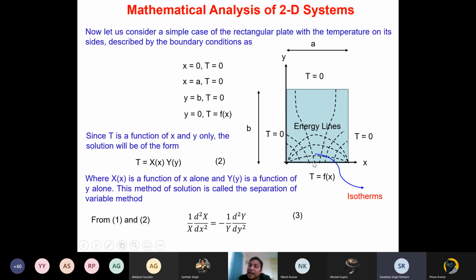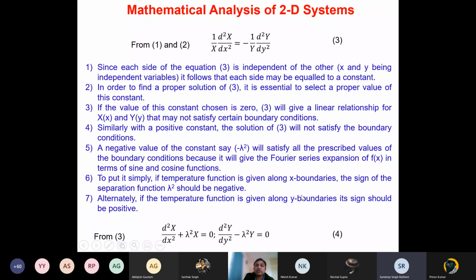The only way I can satisfy that is if I get my temperature profile here as sine or cosine waves. And that you can get only by using the constant value here as minus lambda square. That minus sign is important. If I use plus lambda square, I will get exponential waves. Do you all agree now?